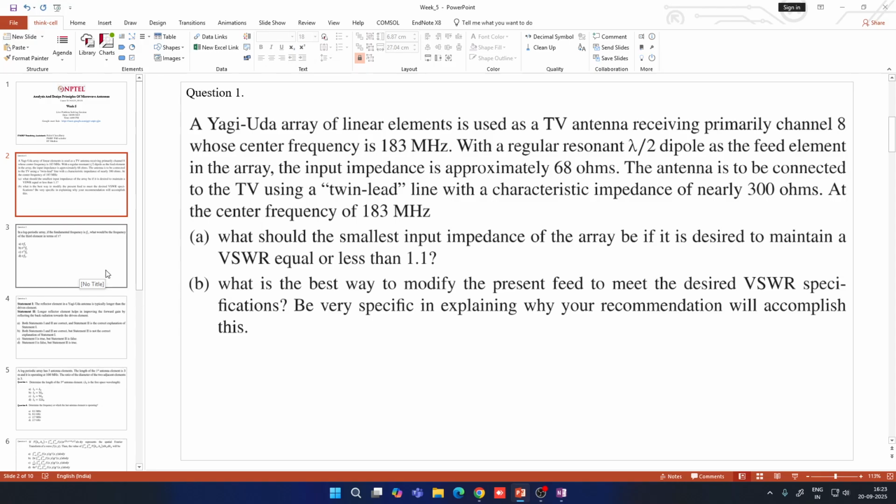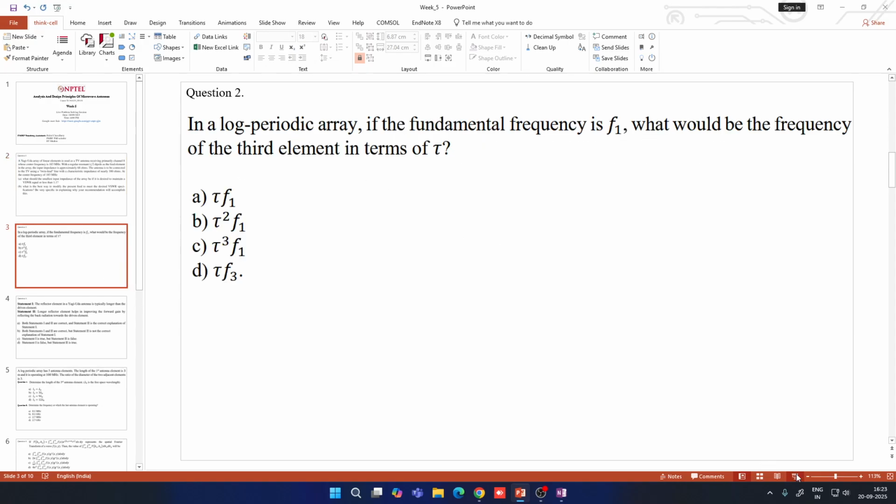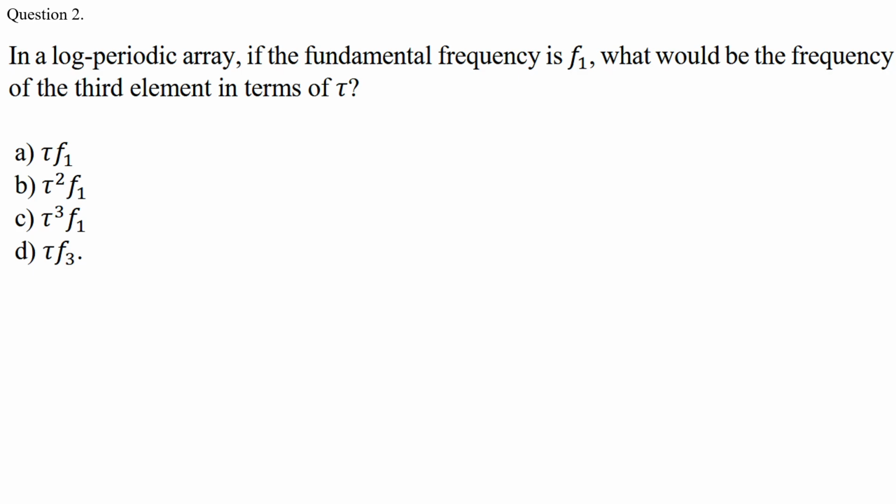If question 1 is clear, then we will move on to question number 2. In question 2, in a log periodic array, if the fundamental frequency is f1, what would be the frequency of the third element in terms of tau?